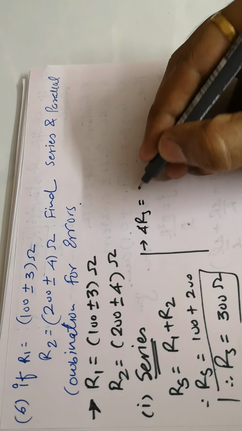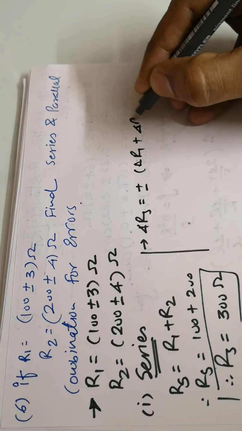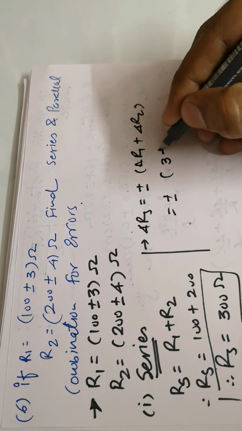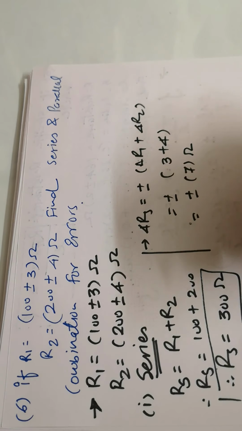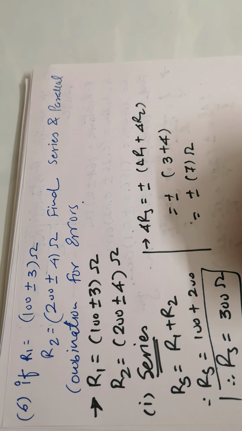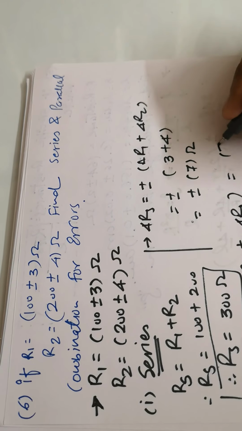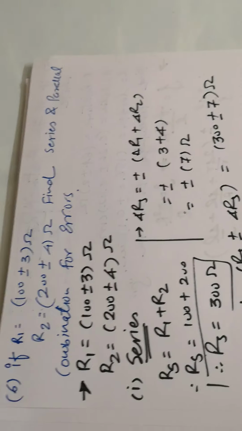I can place plus or minus here, it is also valid. Delta R1 and delta R2: plus or minus delta R1 is 3 plus 4, so I have plus or minus 7 ohms. So I may mention that R dash equals Rs plus or minus delta Rs, represented as 300 plus or minus 7 ohms. This is the simplest one.